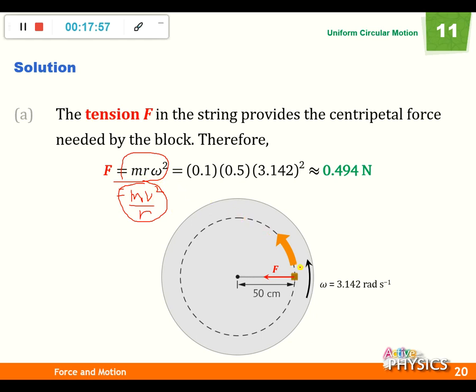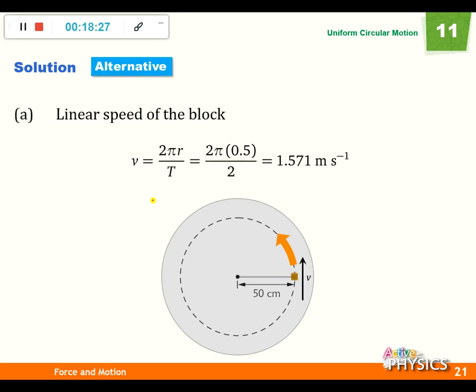Governed by the object itself or by the other external part. Omega means governed by an external part, which in this case is the circular disc. If it is governed by itself, for example a Formula 1 racing car, we will use v. That's all. I will explain it further a little bit later.